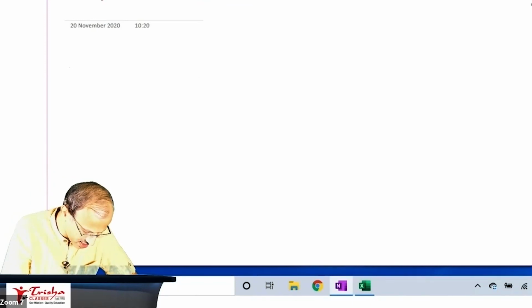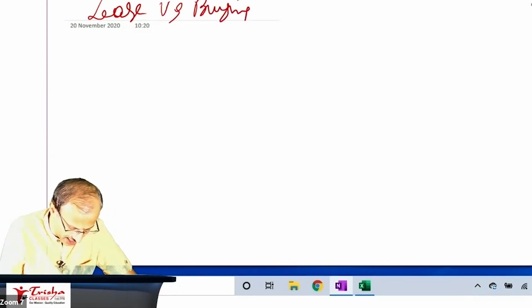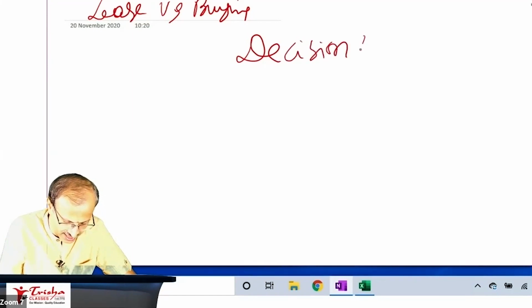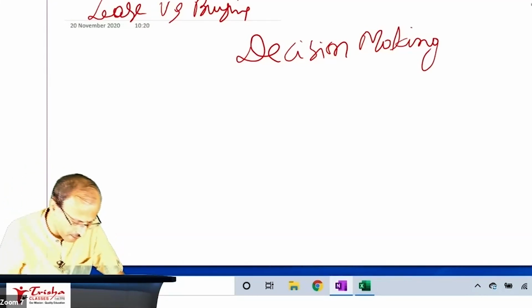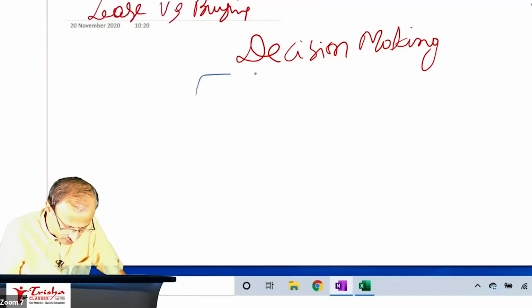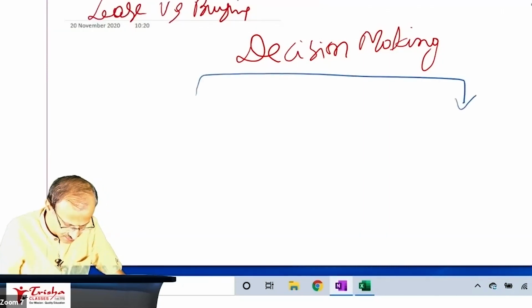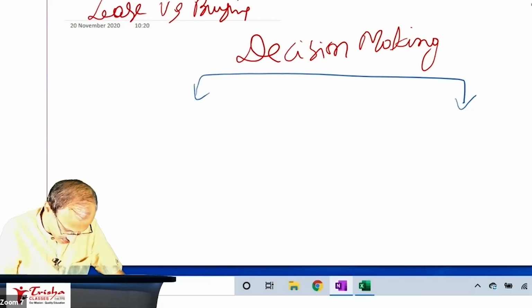So you write lease versus buying. Solution, you have to write along with me as I write. Decision making. There are two options.